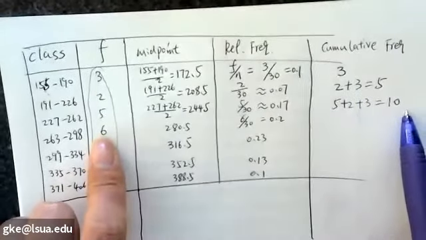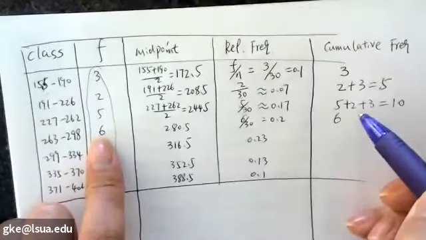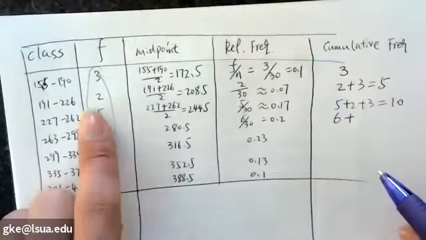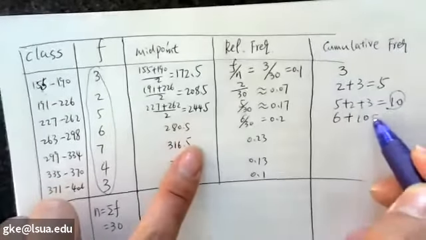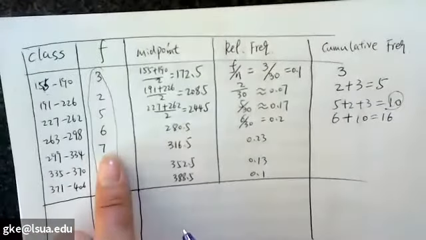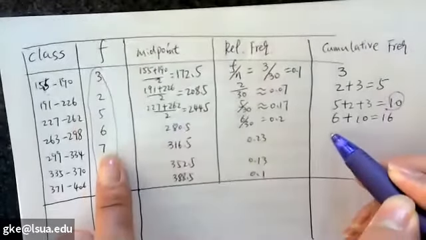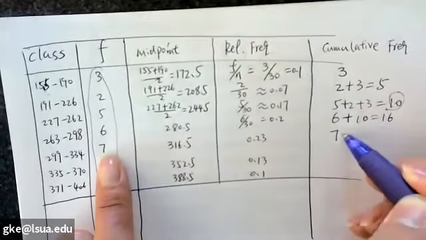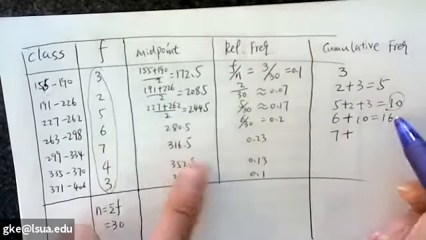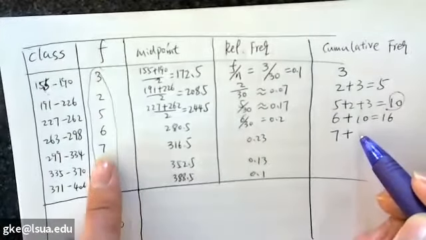Now the fourth one: the frequency is 6 plus all the previous frequency, 10, which is 16, right? And for the fifth class, the frequency is 7 plus the frequency of all previous classes, which is the summation of these 4. So it should be 23.